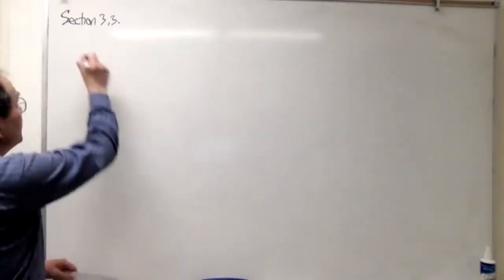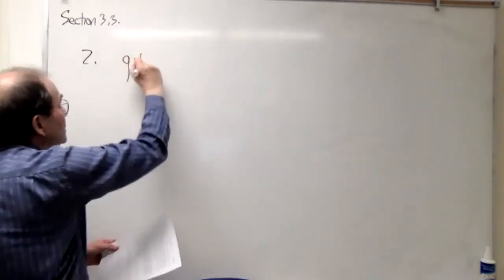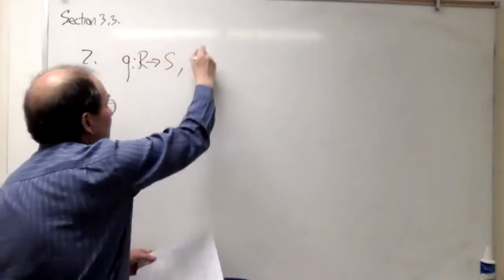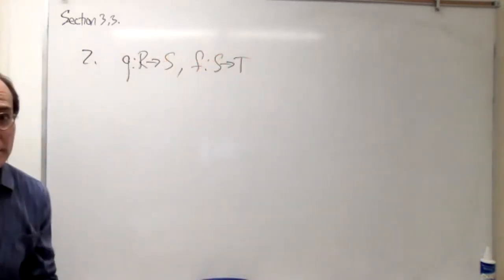Okay, so now number 2. We've got G goes from R to S, and F goes from S to T. So we have 2 homomorphisms.